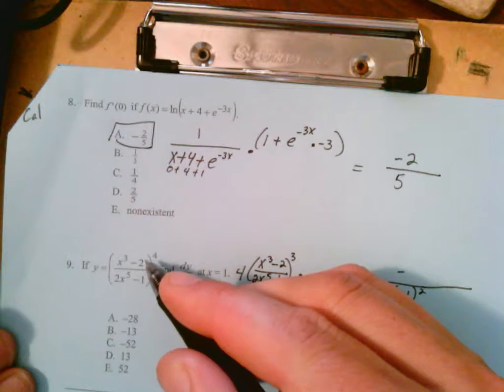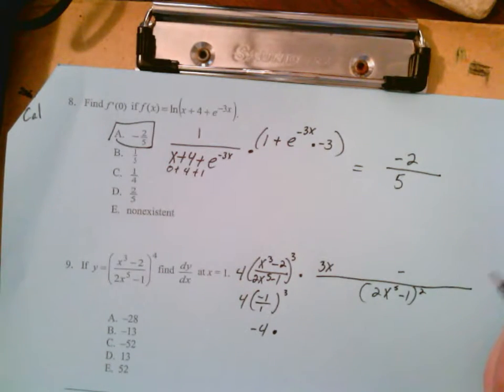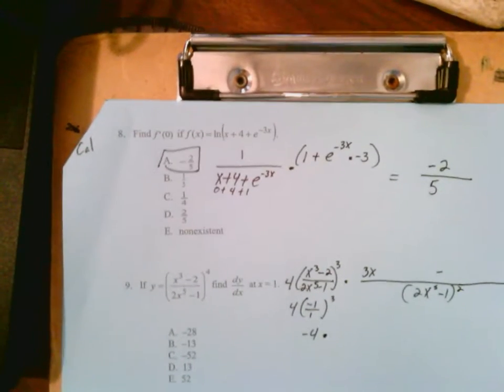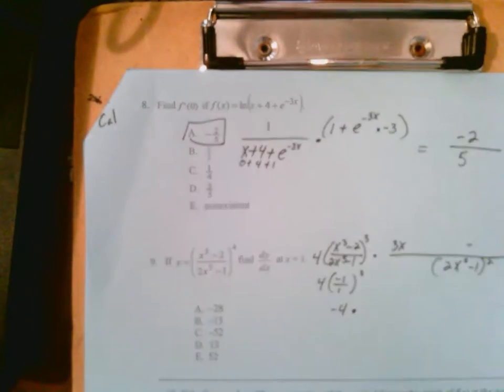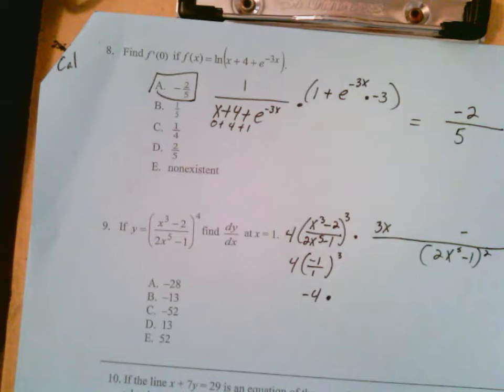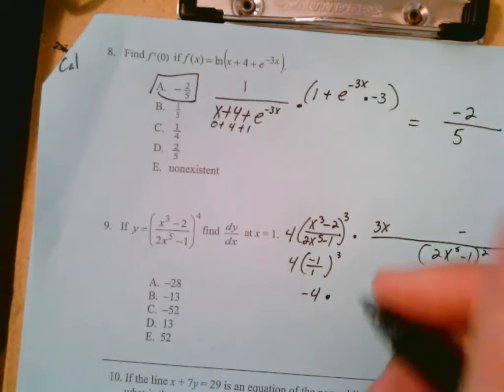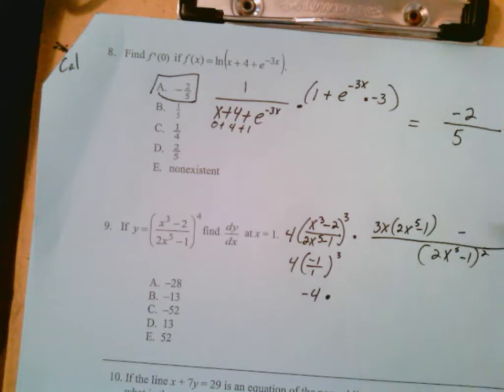So the derivative of the top is 3x. Okay, and then times the bottom, 2x fifth minus 1. And then the derivative of the bottom, 10x times the top.